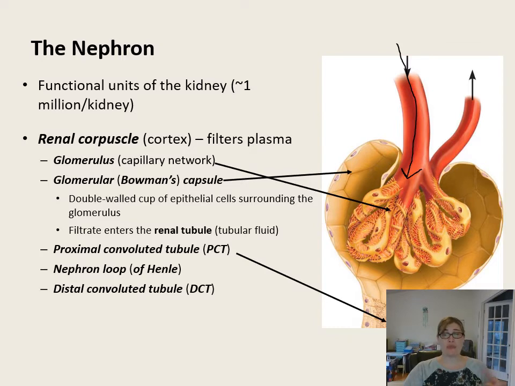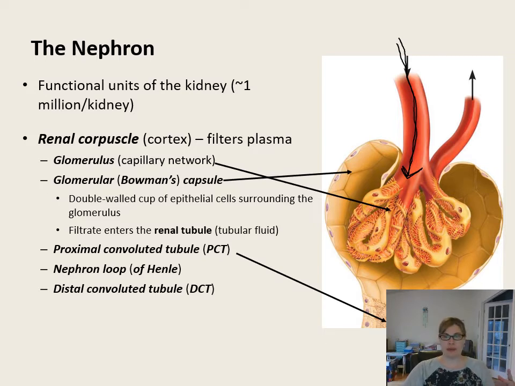So now this cup that we're looking at is part of a nephron. So the nerves I was talking about on the previous slide involve maintaining diameter of some of these blood vessels. All right, and so blood is going to come in through the renal artery and do a lot of branches, and eventually enters in through the afferent arteriole and enters this structure.